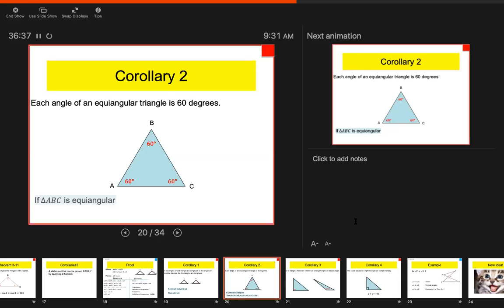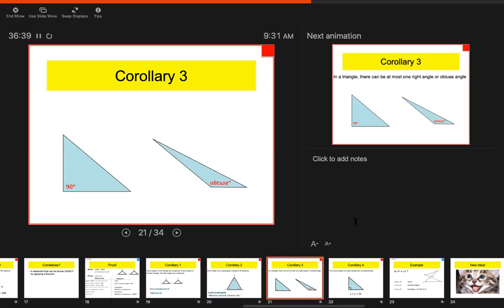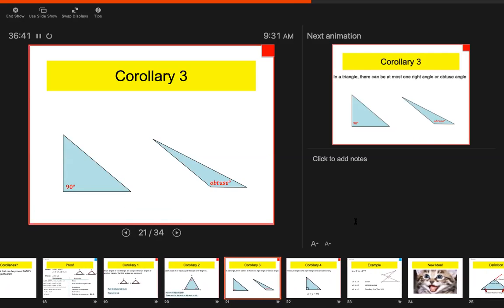All right, moving on. Corollary 3 says this. What kind of triangle? Right. If you have a right triangle, what can you tell me about these 2 angles? They're what? That's the next one. That's corollary 4. They're what? Acute. Why are they acute? Prove it.